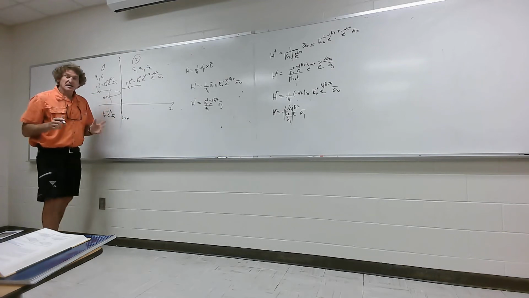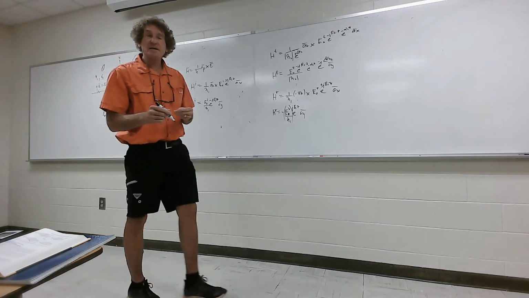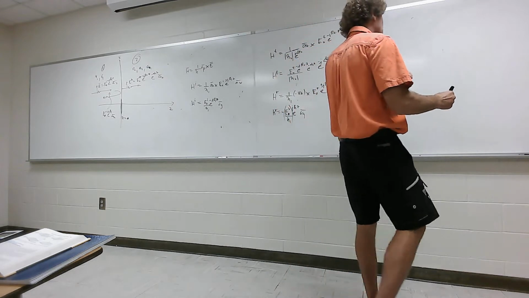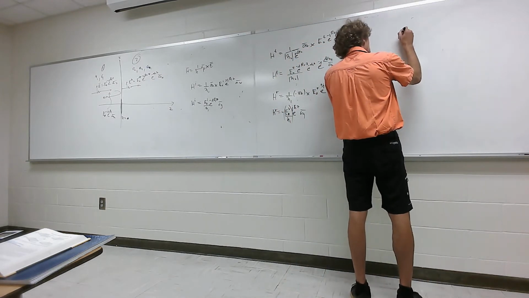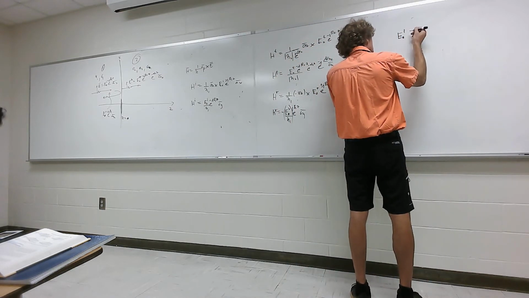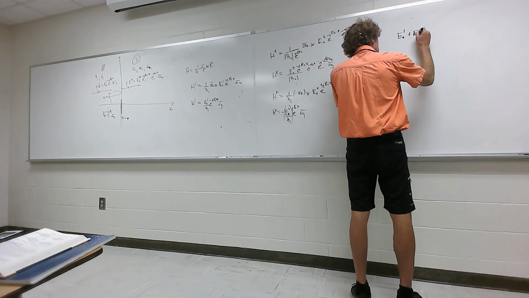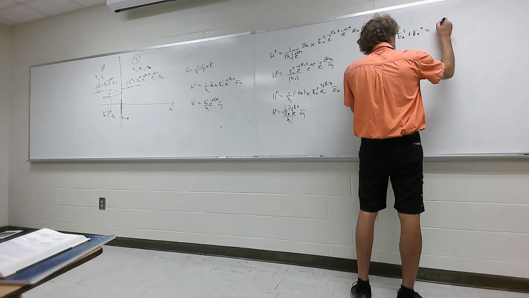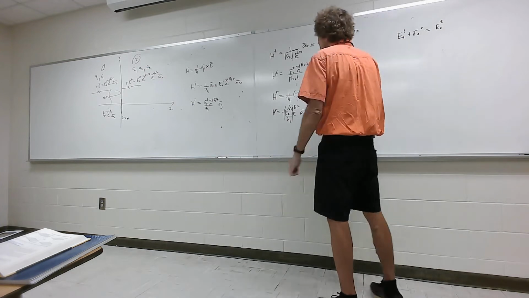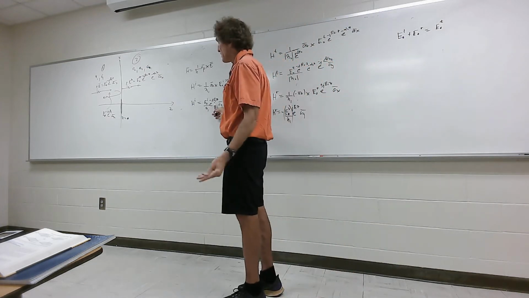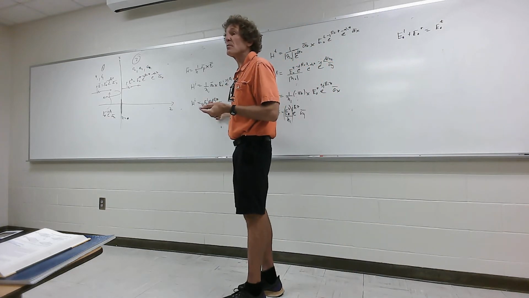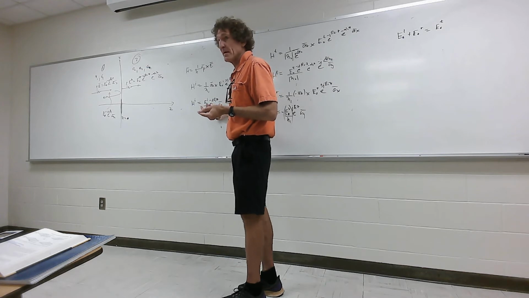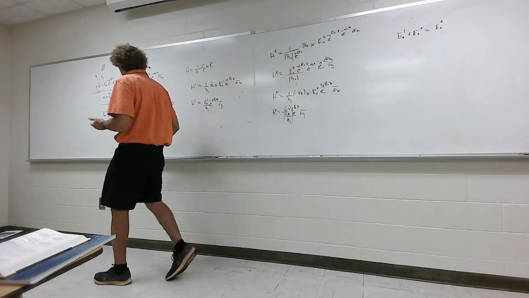Y'all follow me? Now the reason I do that is when I look at the tangent E field on one side, the first media, I get E naught incident plus E naught reflected, just equal to E naught transmitted. The reason is all these beta terms are at z equals 0, so e to the 0 is 1. Y'all follow me? That's the reason we select the boundary at z equals 0.